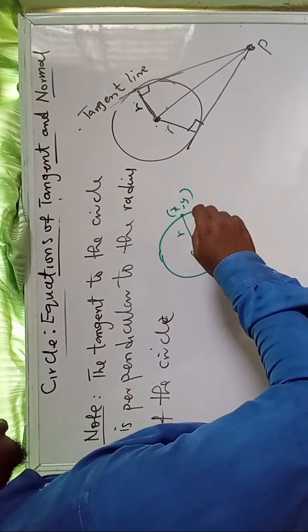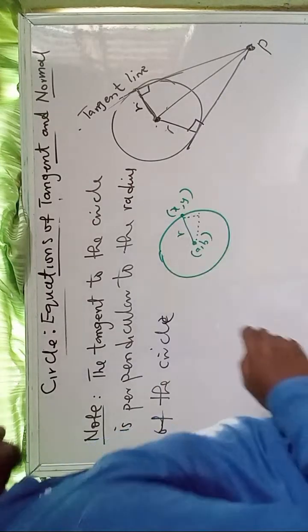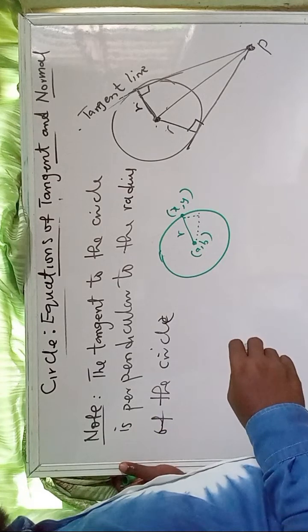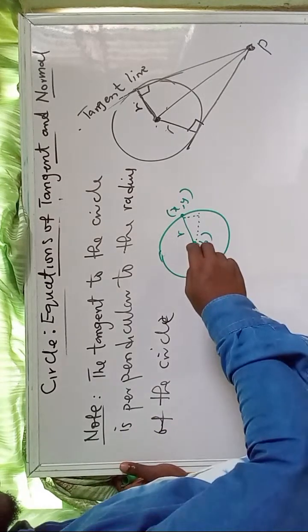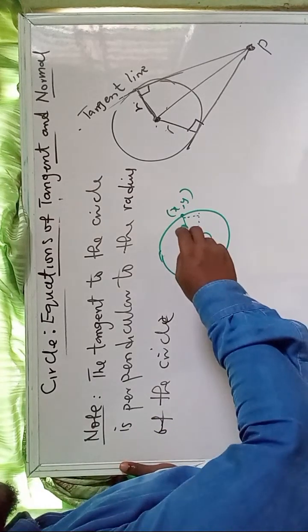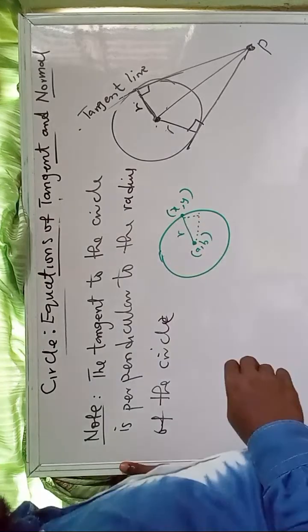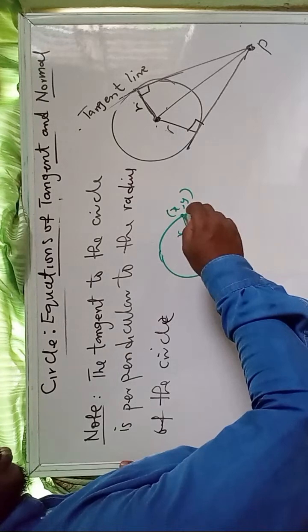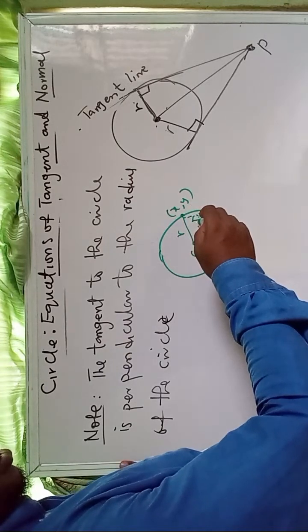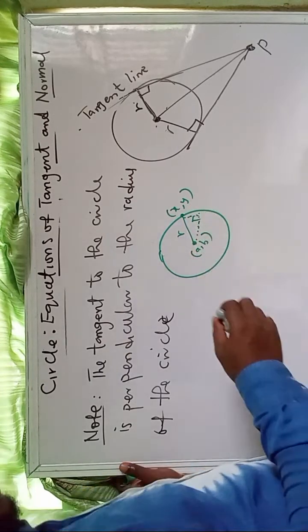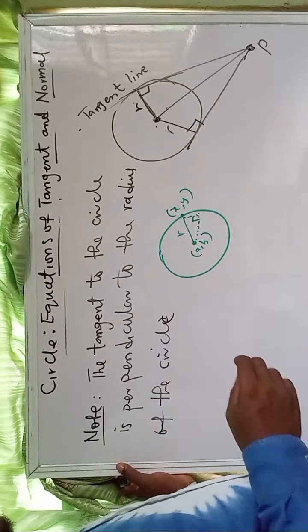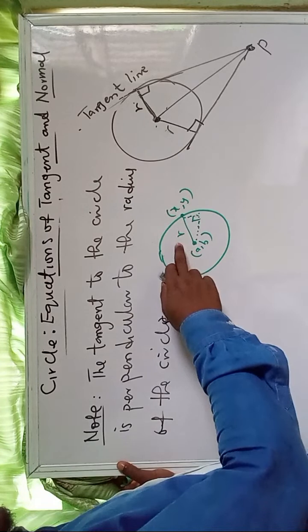Using the equation of a line joining two points, we see that this forms a right angle triangle, and from Pythagoras' theorem, this is r.